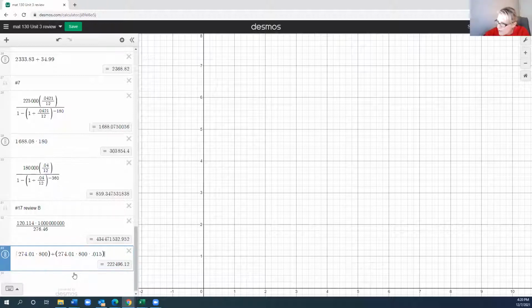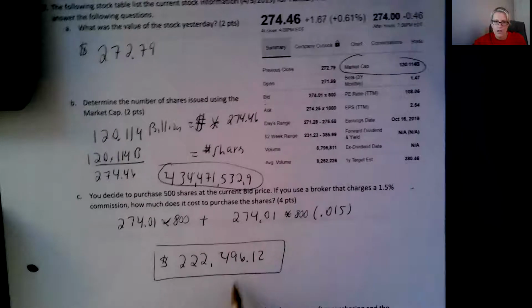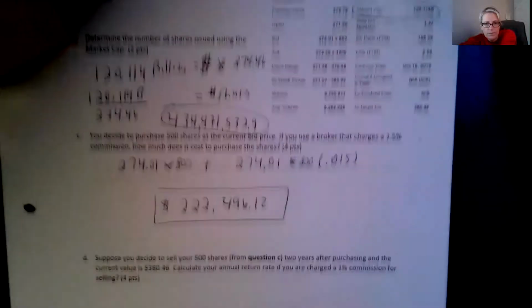So it's going to cost us $222,496.12 to buy those shares. That's a lot of money. Okay. So that's going to be our cost to purchase the shares.